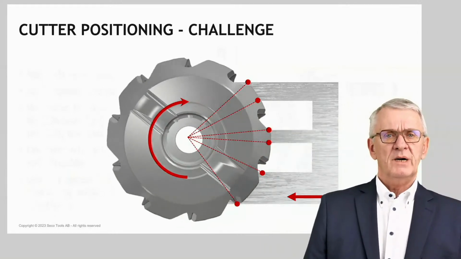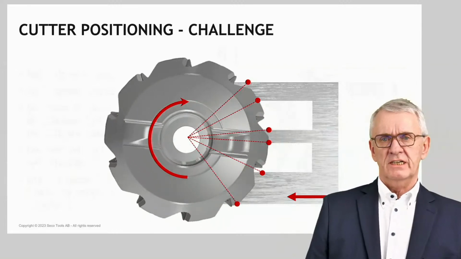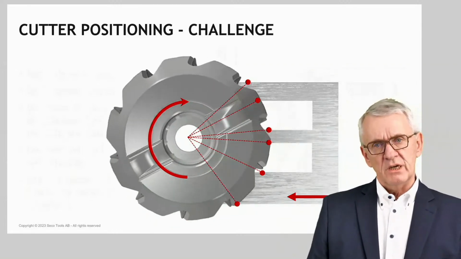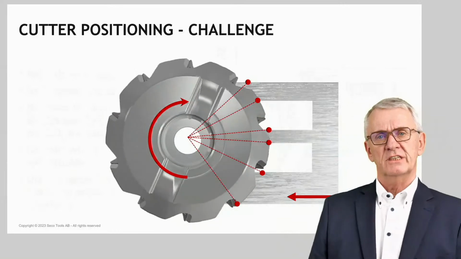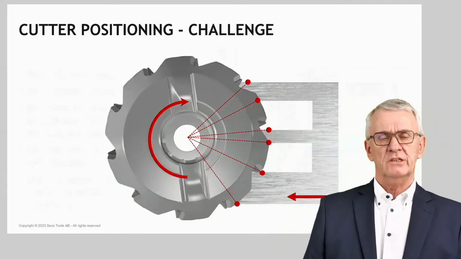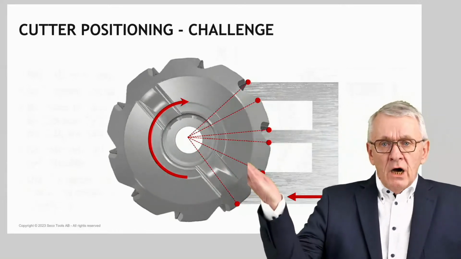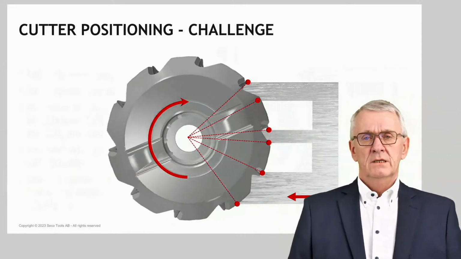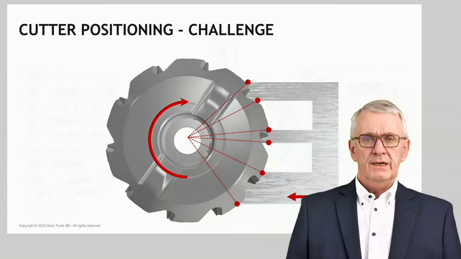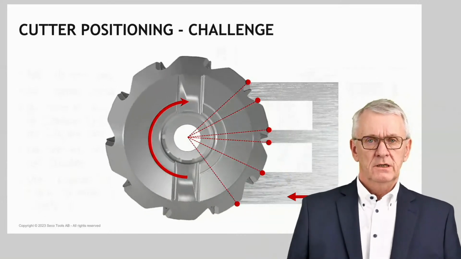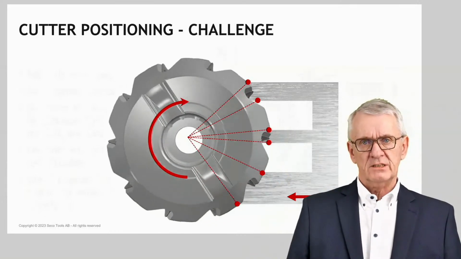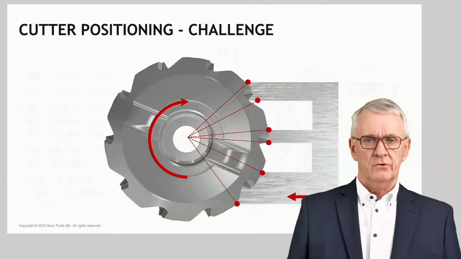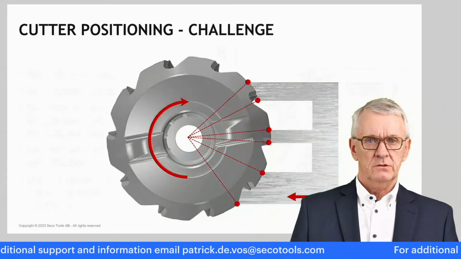Here you see part of the time a milling cutter is cutting up milling, side milling, part of the time it's cutting central milling, and part of the time it's cutting down milling, side milling. On what situation should you focus? This is a challenge. And this is where expertise looks around the corner and should help us.